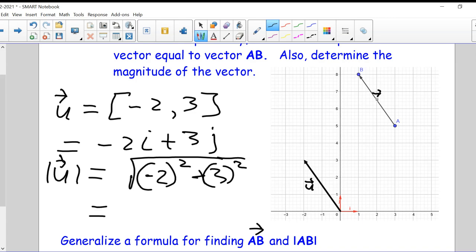So it looks like the magnitude of this vector would be the square root of 13, if we can all agree on that. The minus 2 squared is 4, and the 3 squared is 9. So the magnitude of this u vector seems to be the square root of 13, okay?